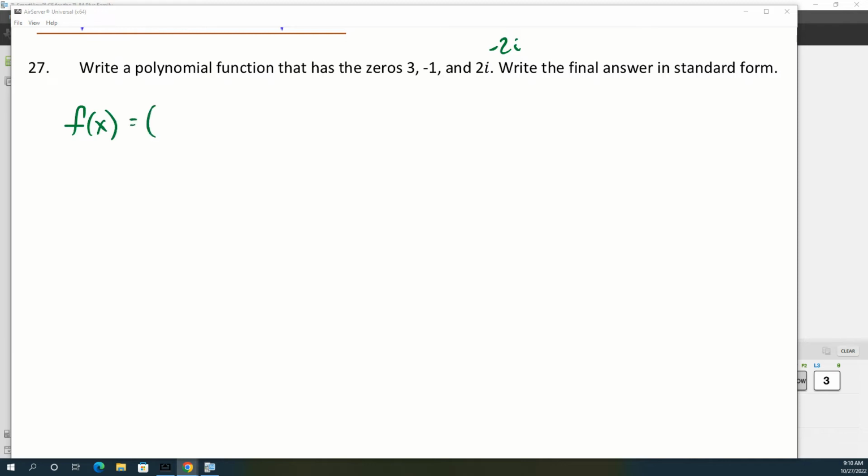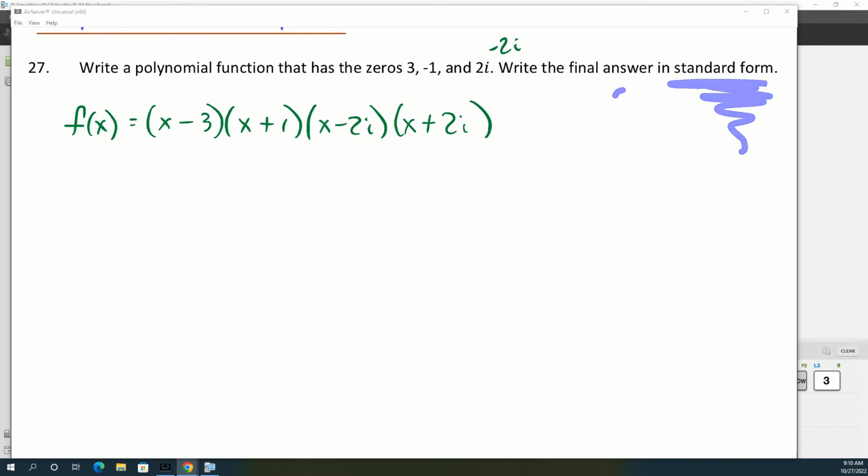All right, so we're going to do a factor for each 0. And then this one, the directions are different. It tells you to write your answers in standard form. So we do need to multiply all of these out. So when you're multiplying, you can only multiply two things at a time.